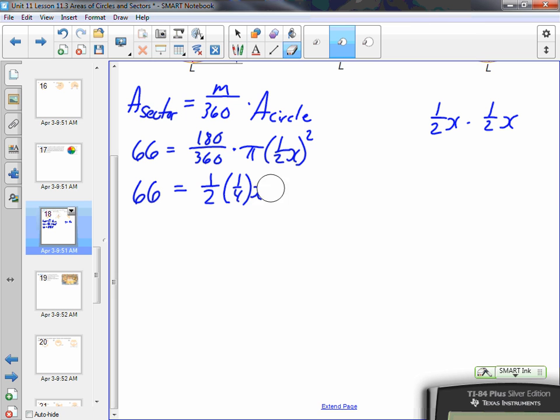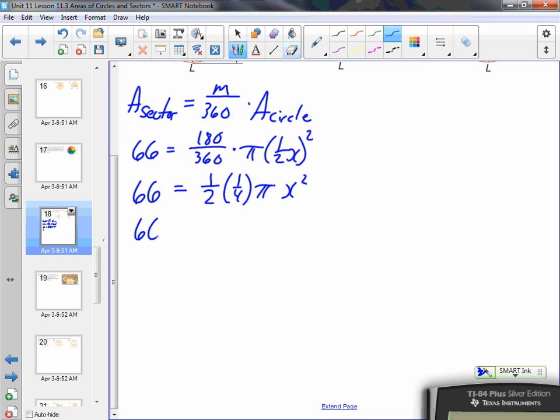Let me put the x squared at the end and the pi right there so I don't forget it. Okay, with me? What's 1/2 times 1/4? So I get 1/8 pi x squared.